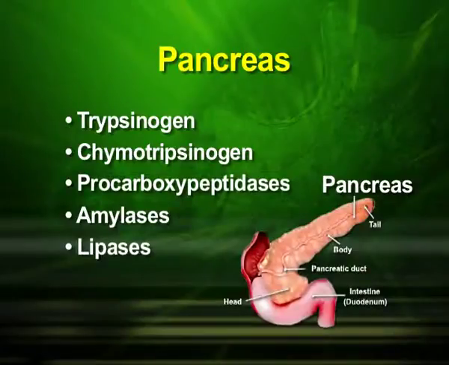So, it is a fat digesting enzyme, but there are more details about the digestion of fat and the action of lipases, which we will discuss while discussing the liver and the bile. Nucleases will act on nucleic acids.